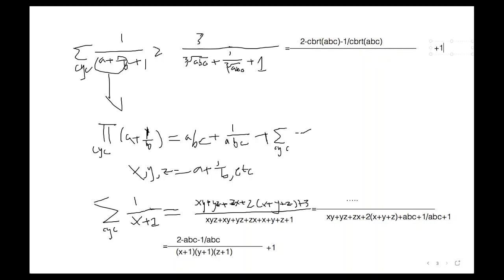Oh yeah, there's a +1 back here. Denominator is that thing. So in this form, we can actually factor out some stuff so that it's not as ugly. So first we get rid of these ones.